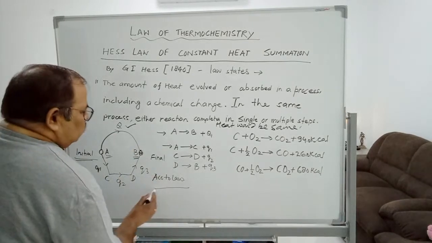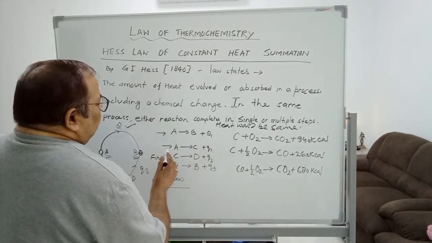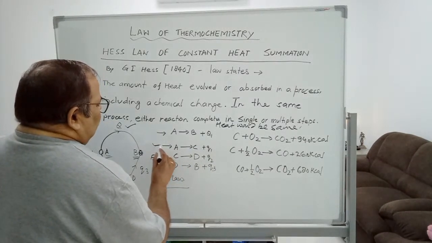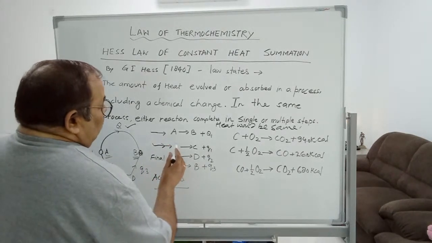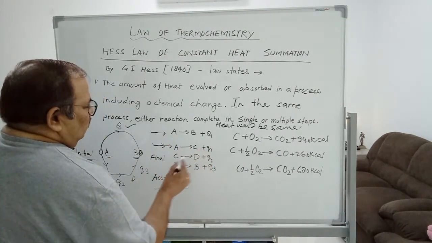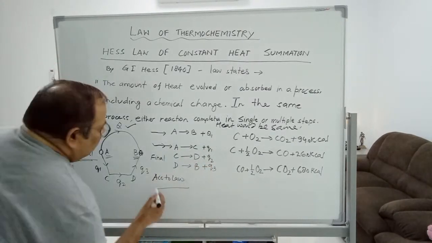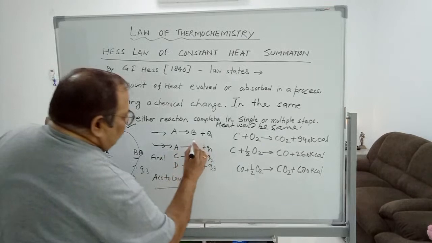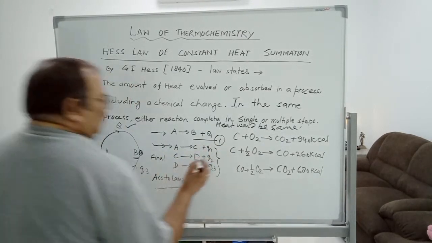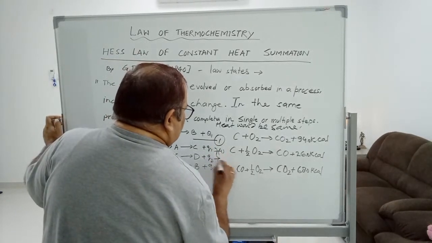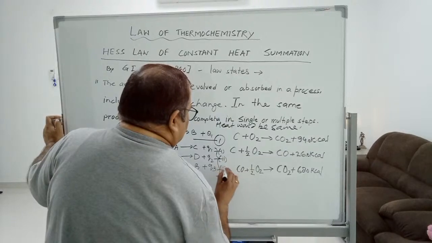According to the law, now you see A converts into B with heat Q. Here it is a single step. This is the multiple steps: A converts into C, heat evolves Q1, C into D, Q2, D into B, Q3. Now, according to the law, what will happen? This is the single step reaction, and this is multiple steps: step 1, step 2, step 3.